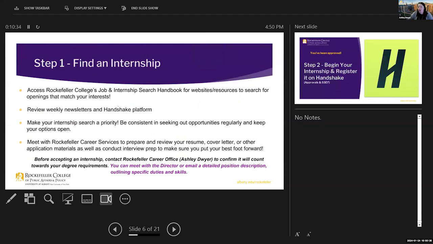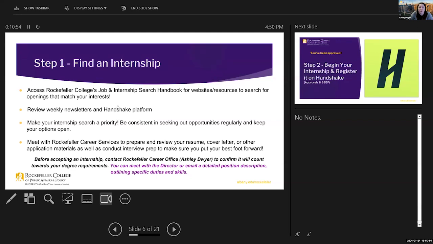Again, I'm not going to go into depth on strategy here in terms of internship search. However, what I'll mention is several resources or recommendations that we have to get started, including accessing our job and internship handbook for a list of websites and resources to search for openings that match your interest.